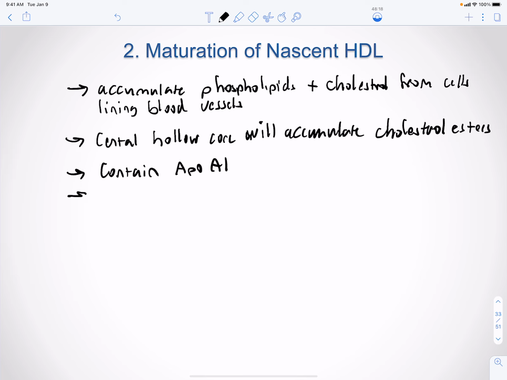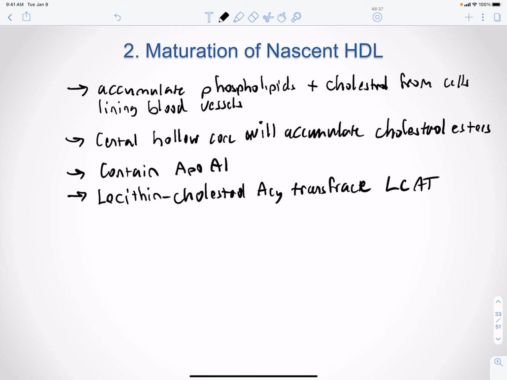And they will also have another enzyme, which is lecithin cholesterol acyltransferase. So LCAT is going to be important for the formation of cholesterol esters.